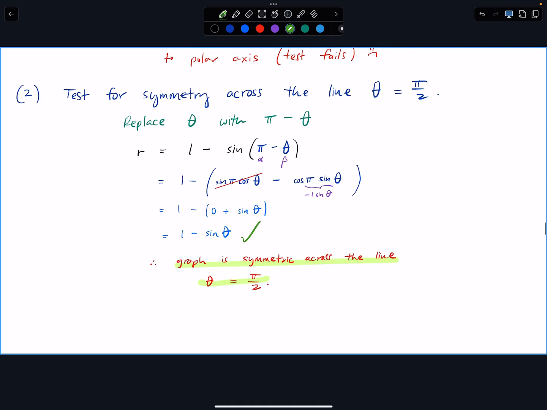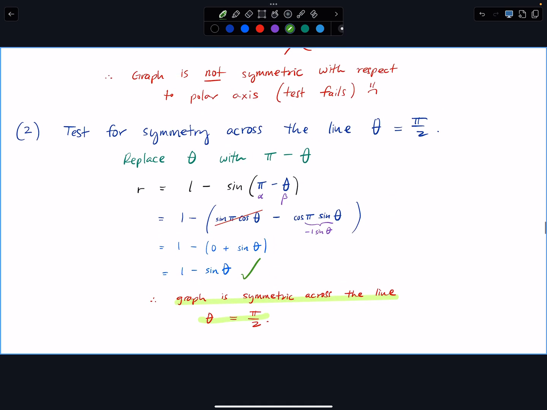If you guys are listening, do I need to do the third test? Why? The first one failed. If one of them fails, the third one will fail. That's what I've just noticed. I'm not an expert on this yet, don't yell at me. This is my year 2 of teaching pre-cal. But I noticed that every time one of them failed, the third one failed.